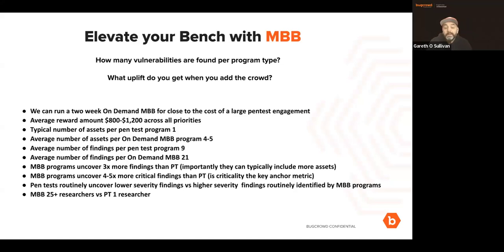You've also got to factor in that a typical managed bug bounty program will usually start with about 25 researchers and grow, whereas a pen test is 1 researcher. So more eyes on, and a variety of skills that can be brought to bear.